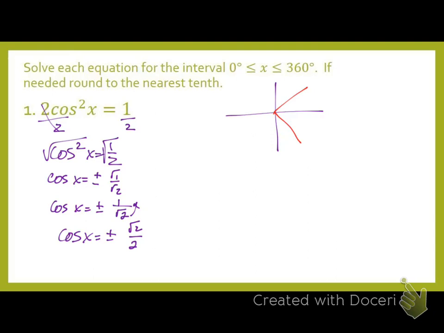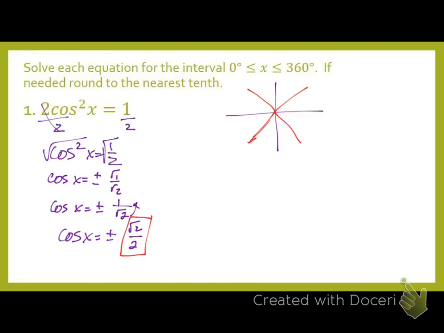Well, cosine is negative in quadrant 2 and quadrant 3. So we're actually looking for an angle in all 4 quadrants. Right, which is a little bit strange, but it's because we square rooted in an equation and we have to include our plus or minus. We have to include the positive and the negative side of that result. Okay? All right. Luckily, the value is the same, just the sign changes.